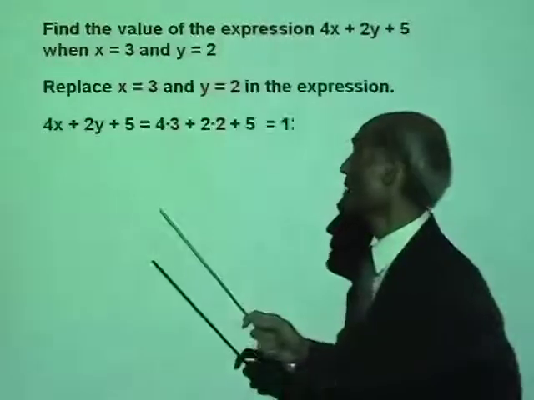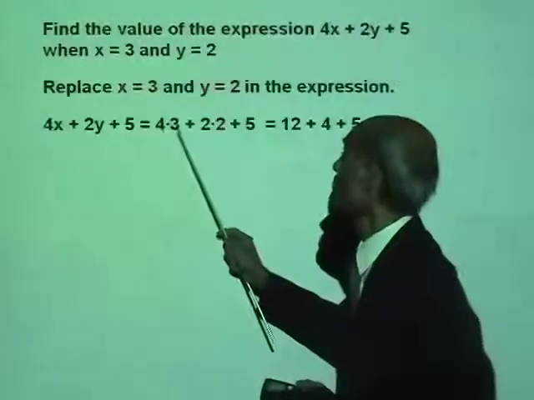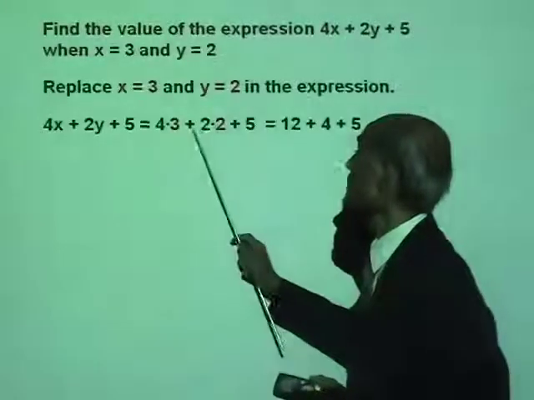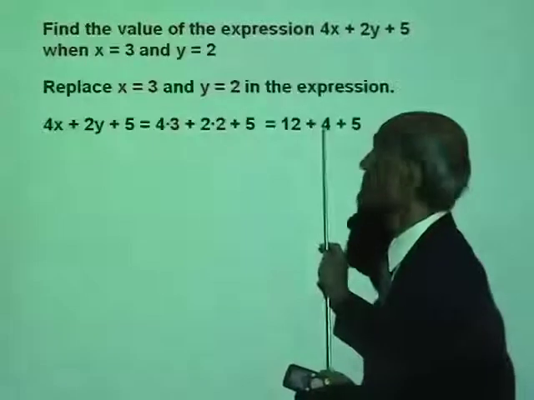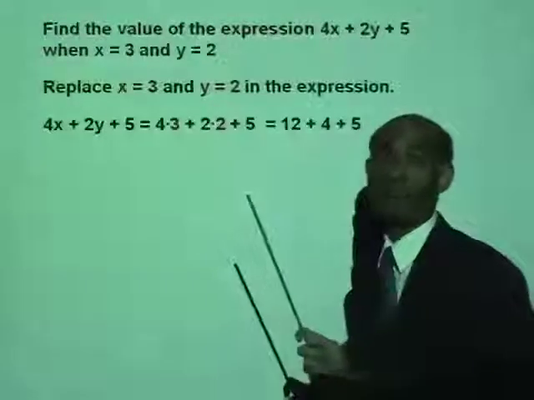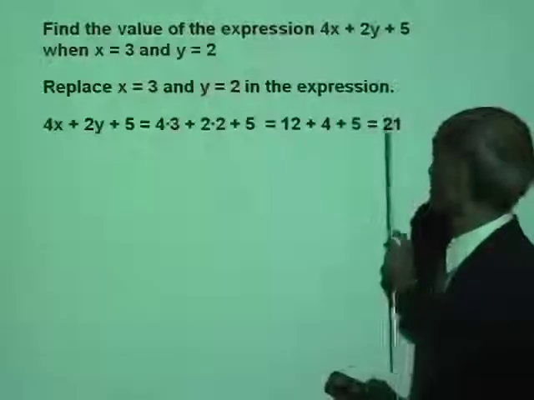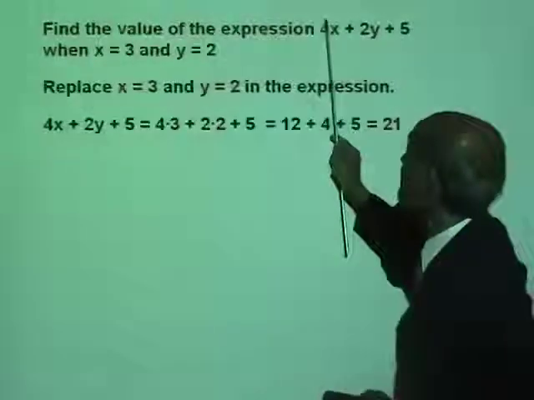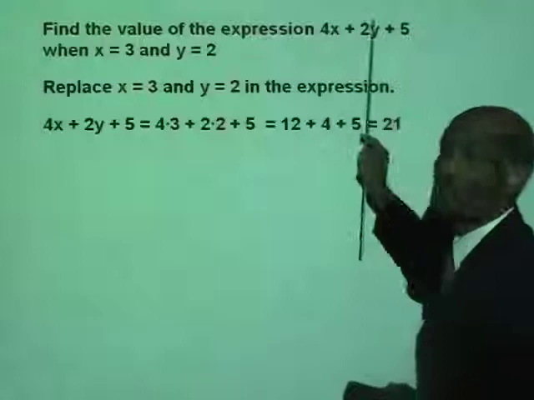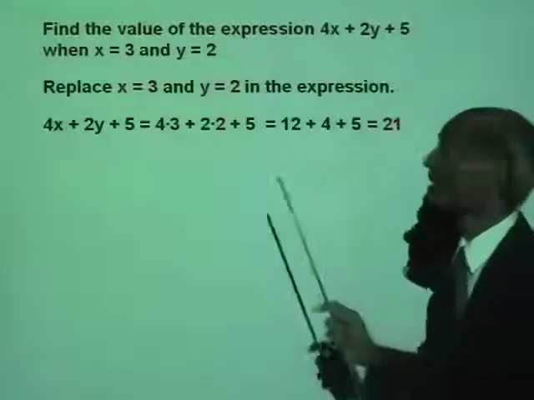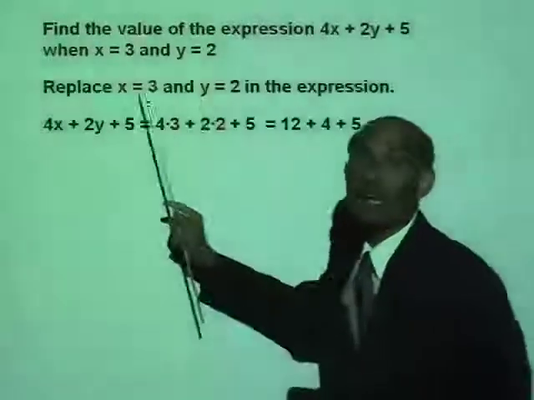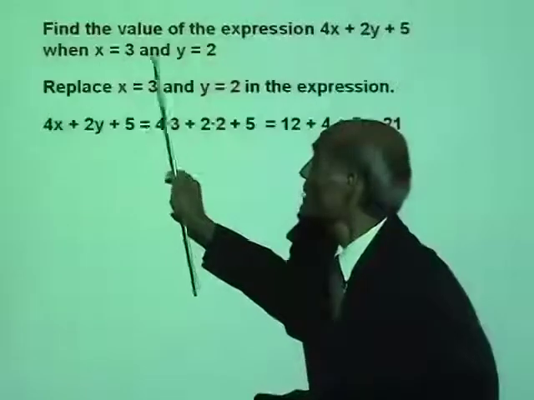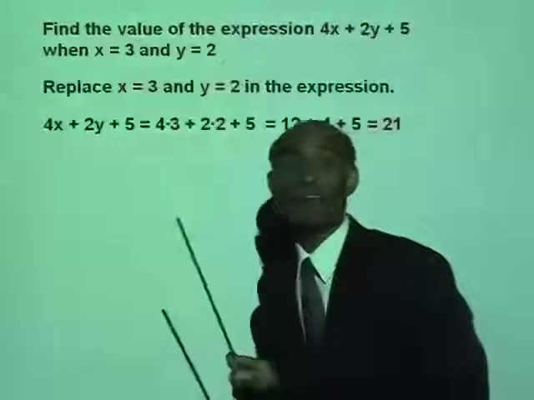And now we calculate that 4 times 3 is 12 plus 2 times 2 is 4 plus 5. And what is that equal to? That is 21. The value of the expression 4x plus 2y plus 5 equals 21 when x equals 3 and y equals 2.